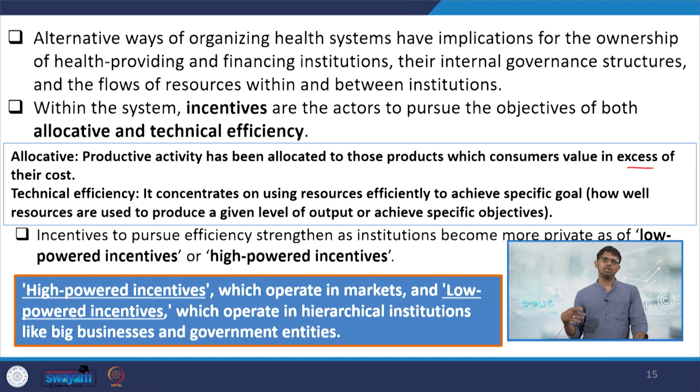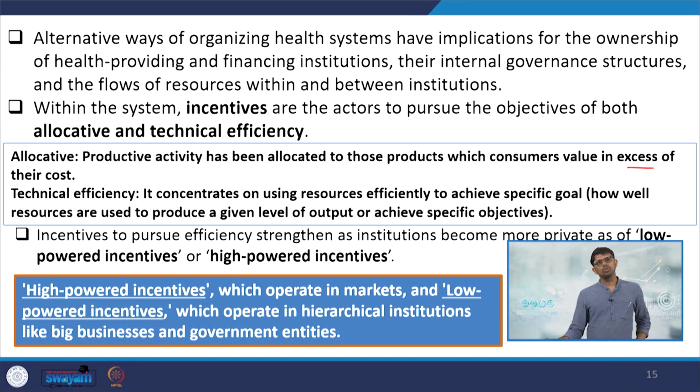Now, it depends on high power incentive, which operates in markets, and low power incentive, which operates in hierarchical institutions, like big businesses and government entities. So, when market based operations are there, they are usually called high powered incentives, whereas in government systems we have hierarchical systems, and the target of the government is not to distribute profit, because there is no profit as a word in the government system.